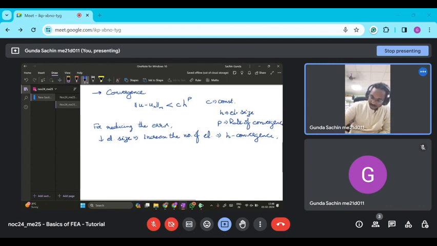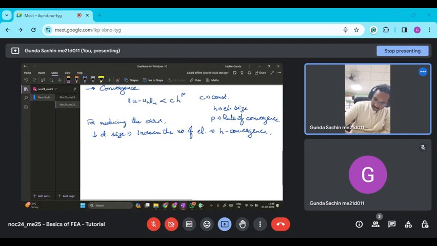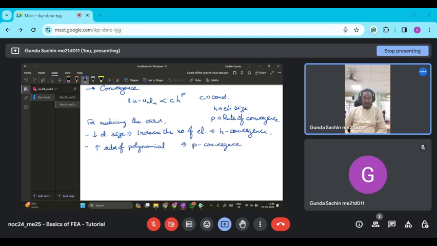Or else you can do the second thing, which is increase the order of polynomial used for approximation. It is called P convergence. So until the error is acceptable for the design, you can go on increasing the number of elements, or you can go on increasing the order of the polynomial until it suits better.